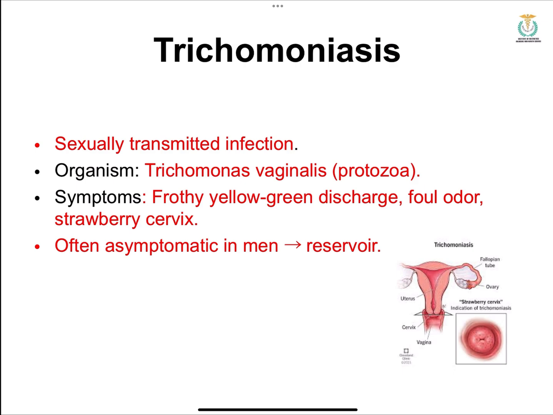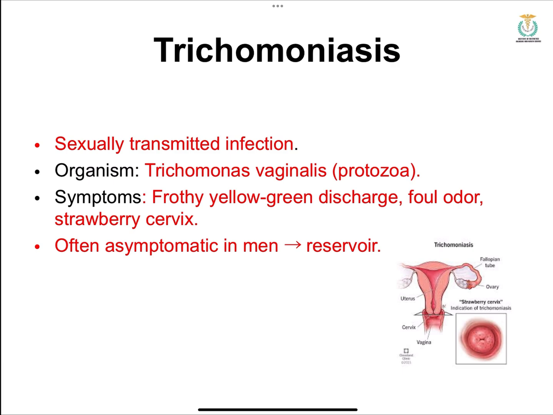Now, moving on to the next, trichomoniasis. It is a sexually transmitted infection. The organism involved is Trichomonas vaginalis, a protozoa. The symptoms you can see are frothy yellow-green discharge with foul odor, and a strawberry cervix. I have put the picture down there.